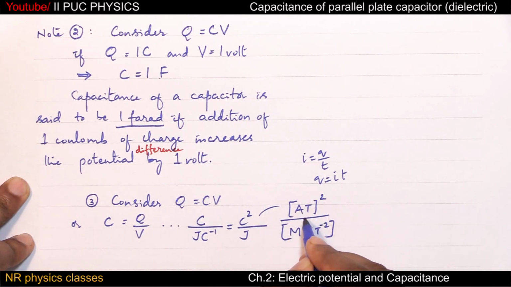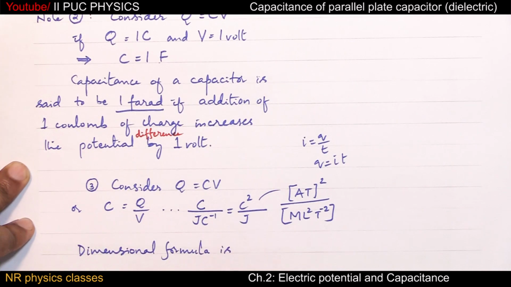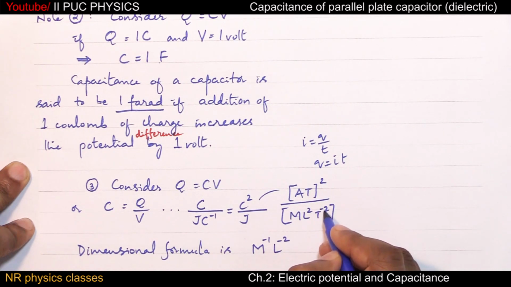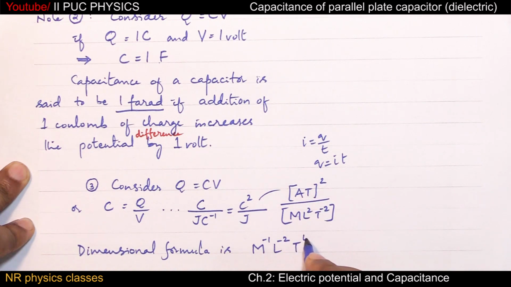After simplification, we get m minus 1, m goes to numerator, becomes minus 1, L minus 2, T minus 2 goes to numerator, becomes T2, there is already T2, therefore T4 A2. So this is the dimensional formula.